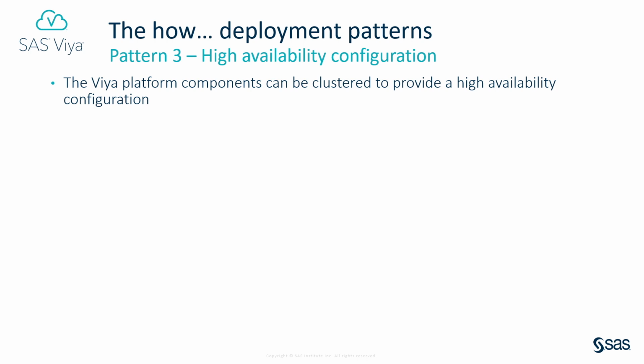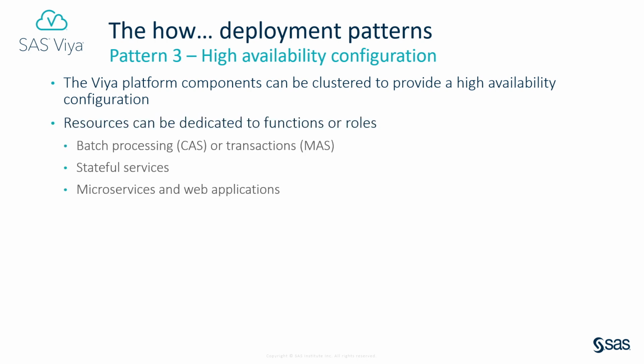The Viya platform components can be clustered to provide a high availability configuration. Resources can be dedicated to functions or roles. We've already seen this when discussing the CAS or MAS processing. But the stateful services, microservices, and web applications can also be independently scaled.